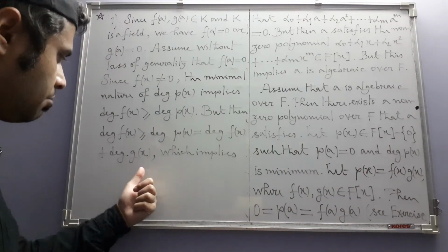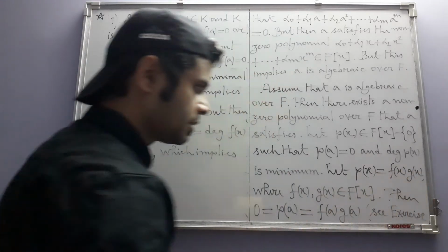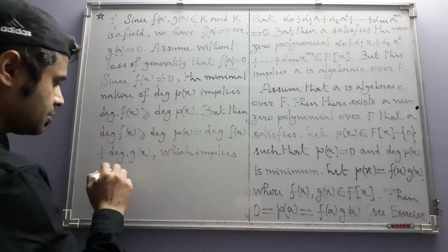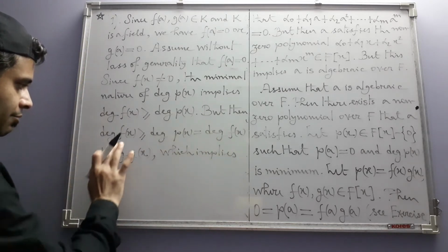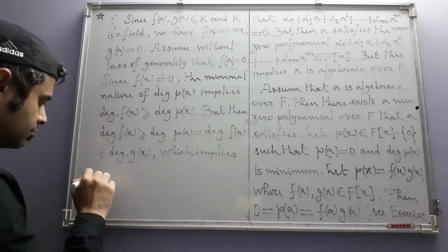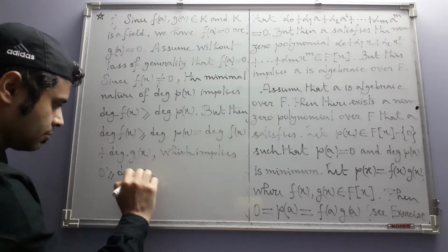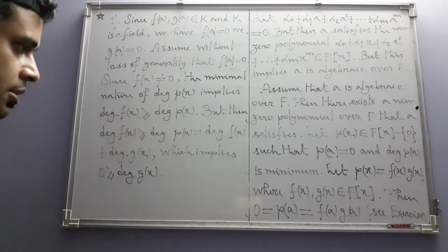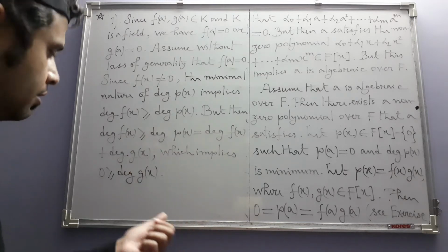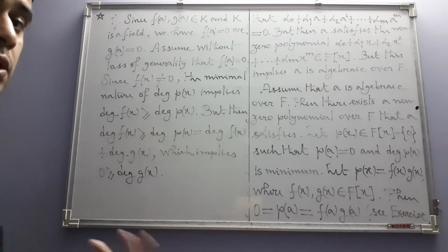That's why we are able to write the degree of Gx, because if Gx is 0, then again Px becomes 0, which is not possible. So the degree of Fx is greater than or equal to the degree of Fx plus the degree of Gx. This implies 0 is greater than or equal to the degree of Gx. But since Gx is a non-zero polynomial, its degree is a non-negative integer, while this inequality says the degree is non-positive also.